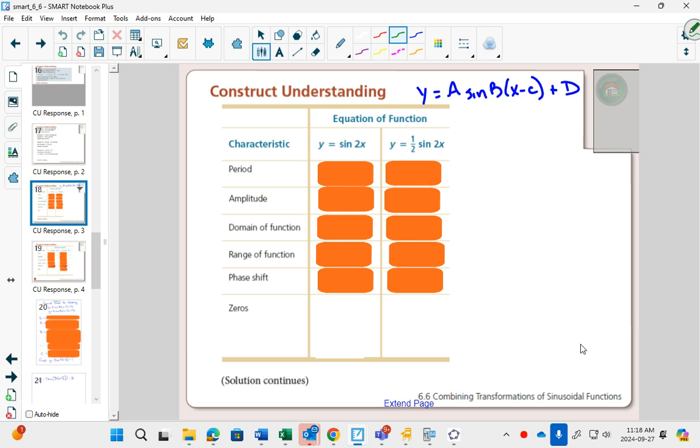For sine and for cosine, remember that we have this formula, that your period is 2 pi over your b value.